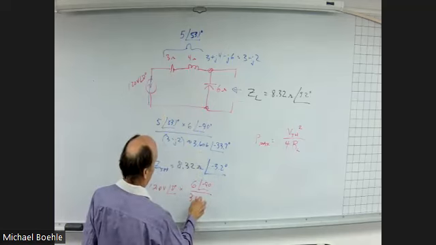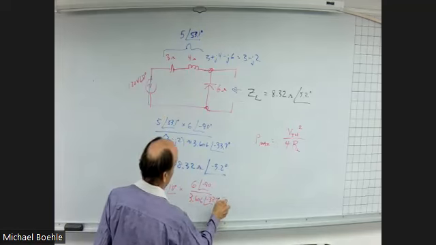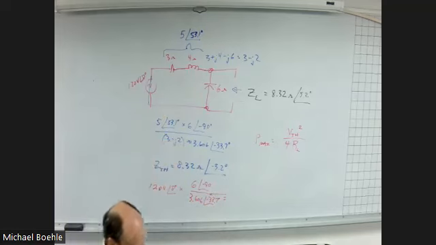So 3.606 at minus 33.7 degrees, which gives us, divided by 3.606. Sorry, multitasking.